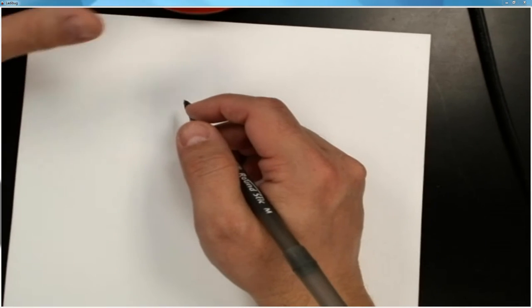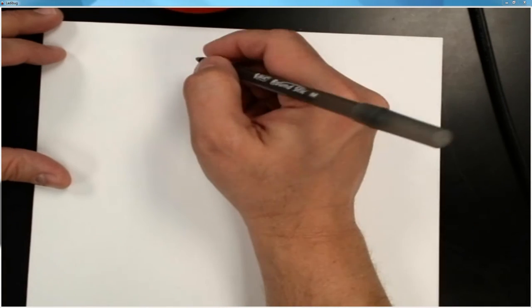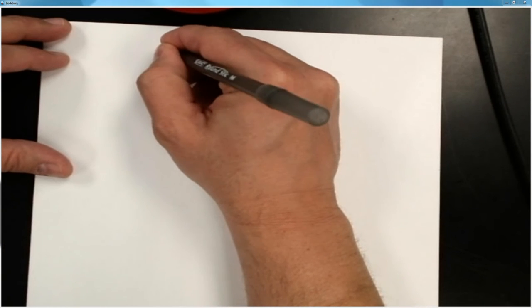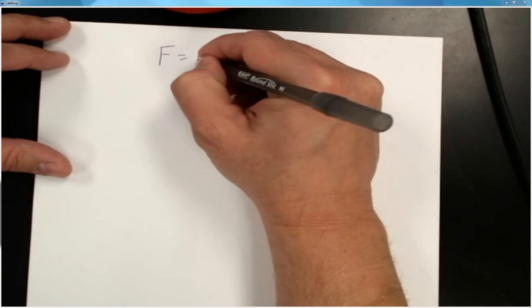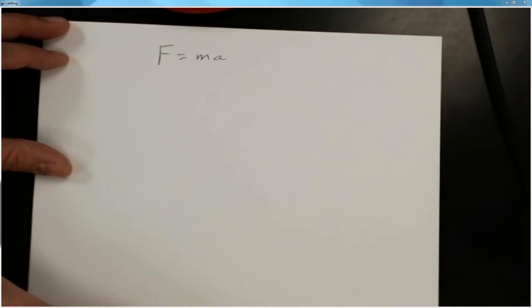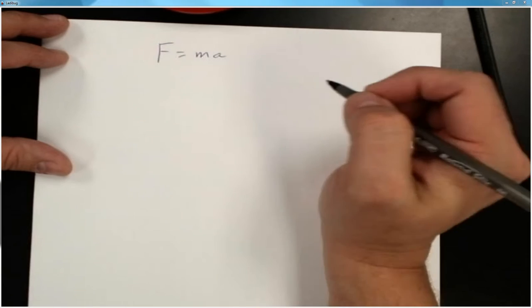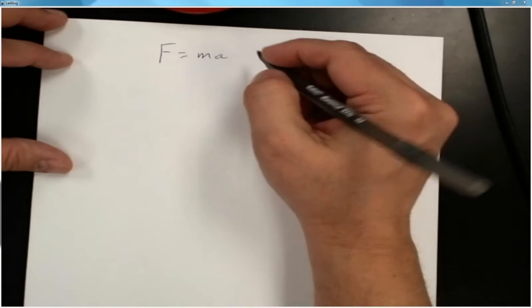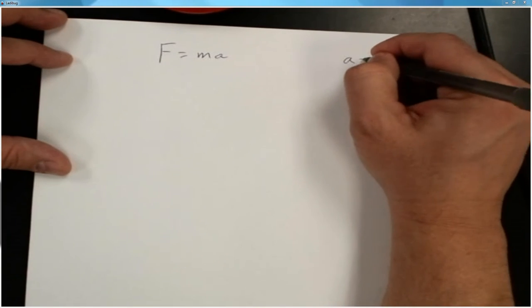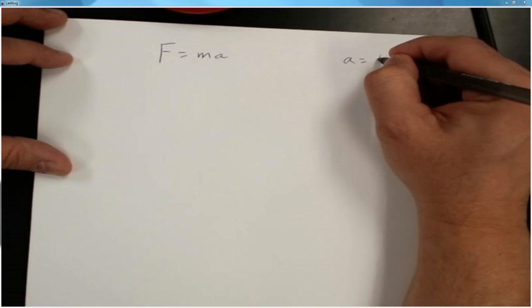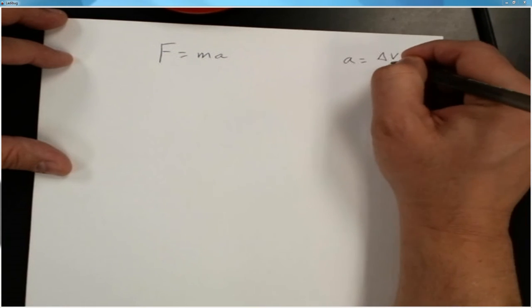All right, let's do some math first. You all know Newton's second law, F equals ma. Acceleration is equal to the change in the velocity divided by time.